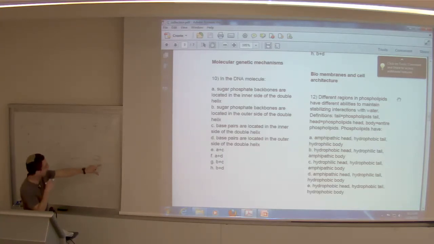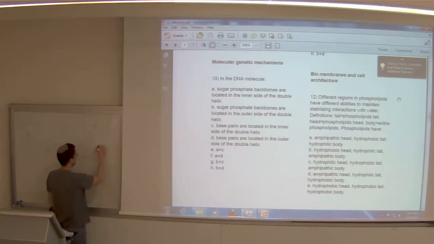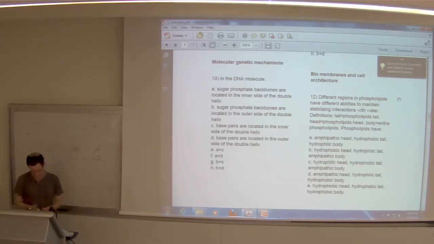This is phil, this is phob, because one is polar, one is non-polar, and everything is amphipathic. Sorry, it's C. Good thing you insisted.